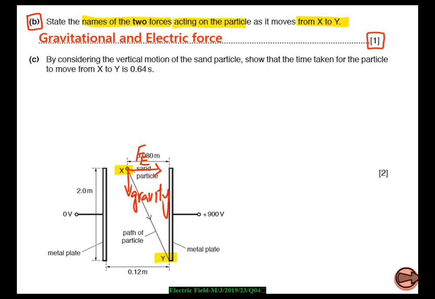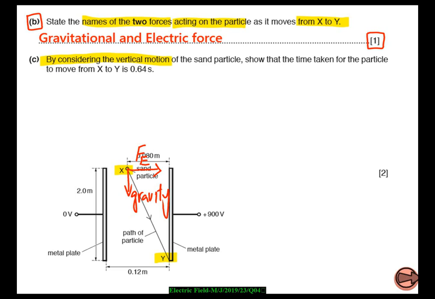The next part is part C. The question is telling us to only consider the vertical motion of the sand particle, and also we need to show that the time taken for the particle to move from point X to Y is equal to 0.64.